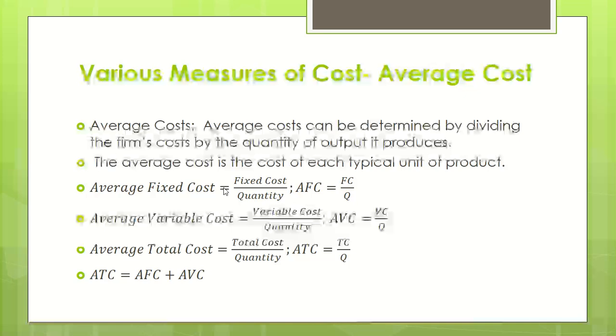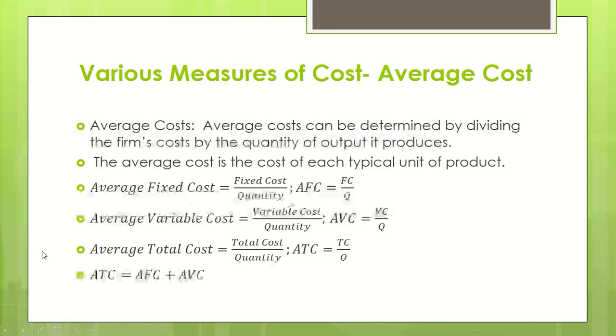Average fixed cost, AFC, is equal to FC, that is fixed cost, divided by Q, that is quantity. And next one is average variable cost. Here average variable cost is measured by variable cost divided by quantity, abbreviated as AVC, which is equal to VC, that is variable cost, divided by Q, that is quantity.